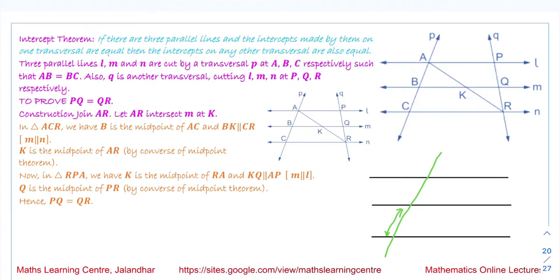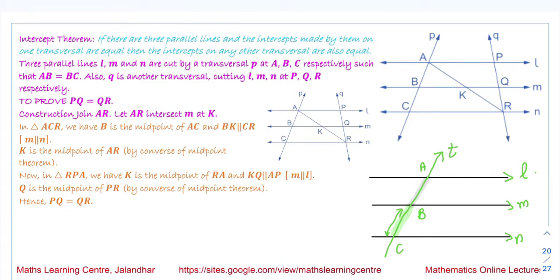Say this is the line N, this is M, this is L, these are the points C, B, A, and this is transversal T. Then this length BC is the intercept, and this length AB is the intercept.